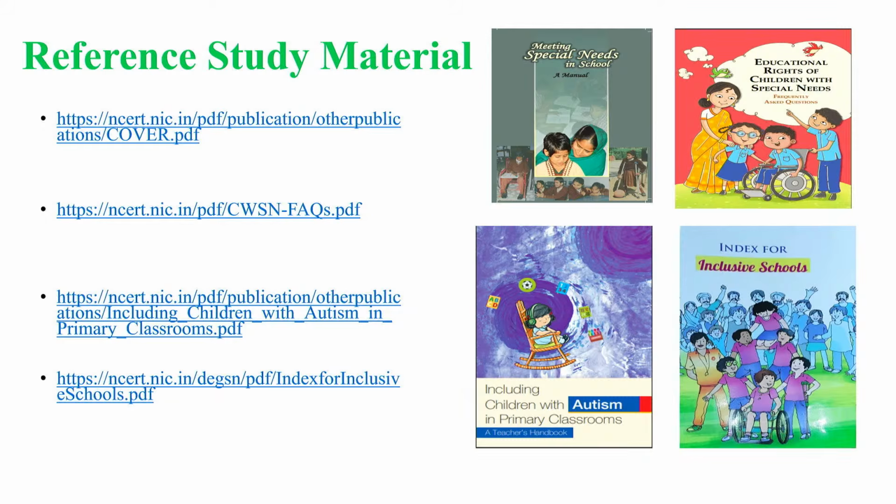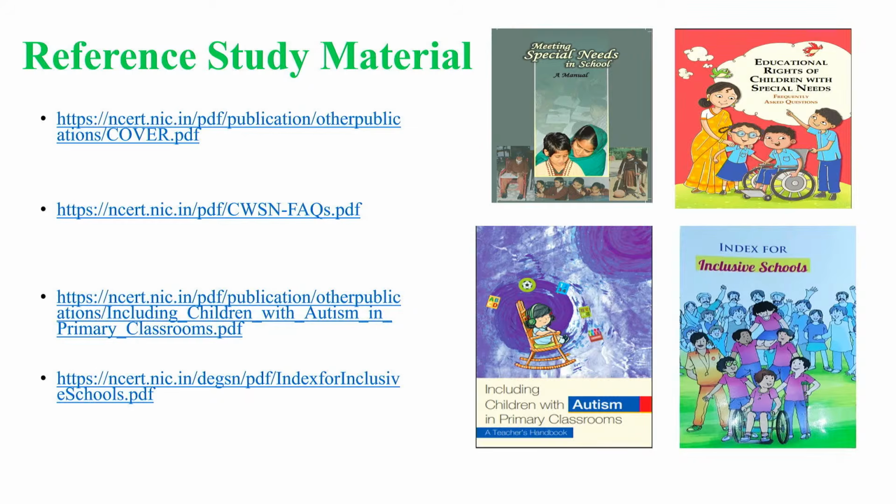As I already asked everybody, look at the authentic learning material related to inclusive schools or inclusive education. Go through a few of the documents prepared by the national body, for example NCERT. If you go to the NCERT website, you will get to know about these four major books.